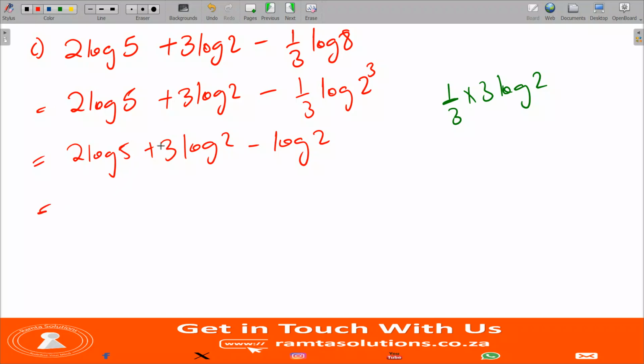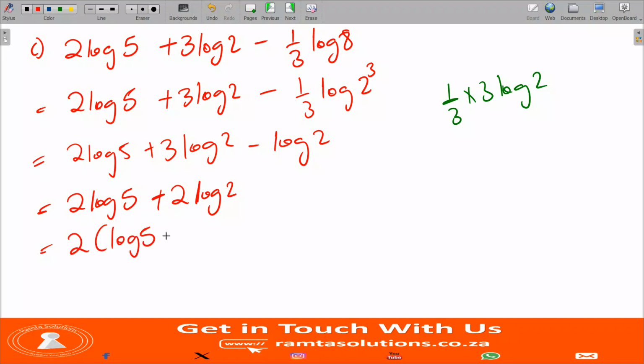We have like terms here. So we have 2 log 5 plus 3 log 2 minus log 2. It'll become 2 log 2. Oh, we have a common factor of 2. Let's take it out. We are left with 2 times log 5 plus log 2.